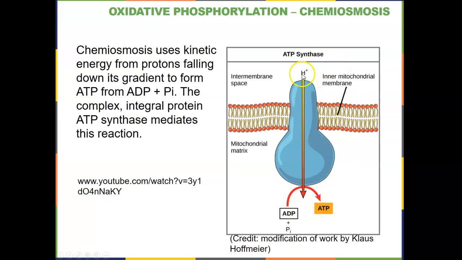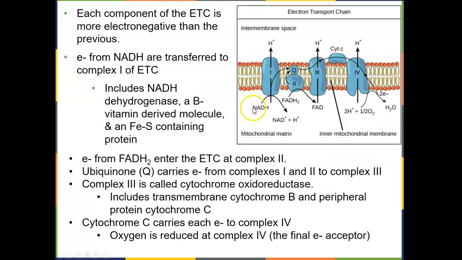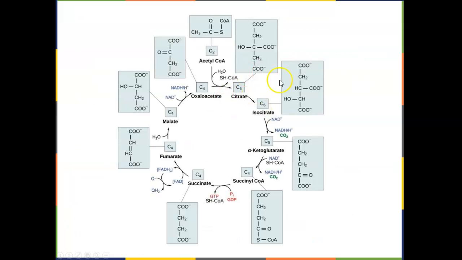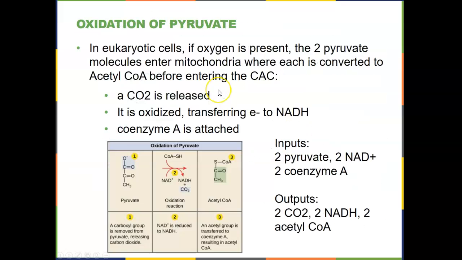Now, they got here due to the work of electrons, which were brought here by NADH and FADH. Where did those electrons come from? They were stripped off of sugar in these reactions right here. We generated NADH. We generated FADH right here. They were even produced way back here. We generated some NADH right here in the oxidation of pyruvate.